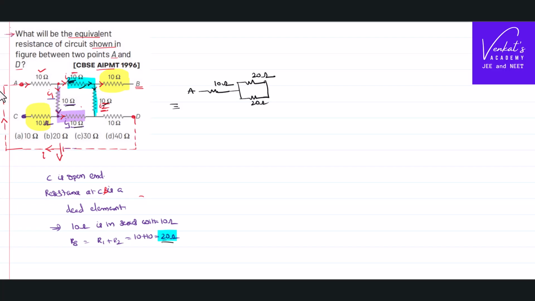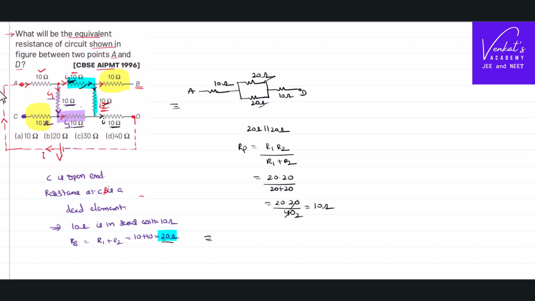And of course, there is this remaining one: I1 and I2 will join here, it becomes I, it passes through this 10 ohms and this point is D. So, this 20 ohms is in parallel to 20 ohms. When two resistors are in parallel, R parallel equals R1 R2 by R1 plus R2. R1 is 20, R2 is also 20, so 20 into 20 by 40, that is 20 by 2, that equals 10 ohms.